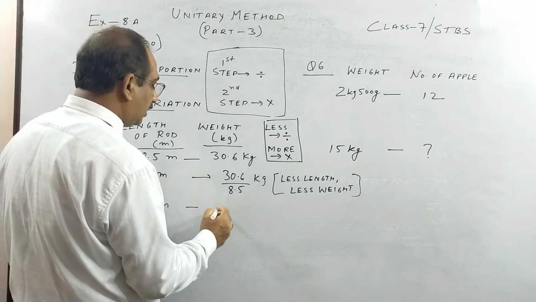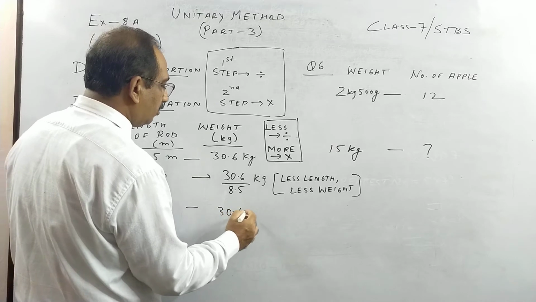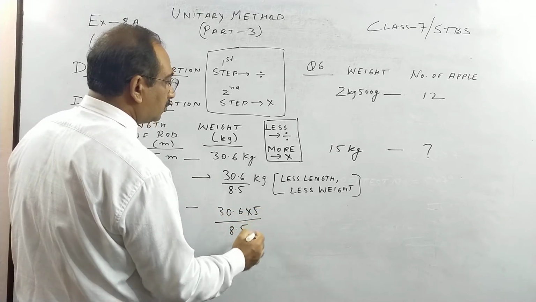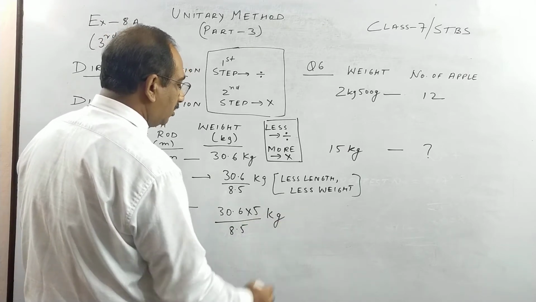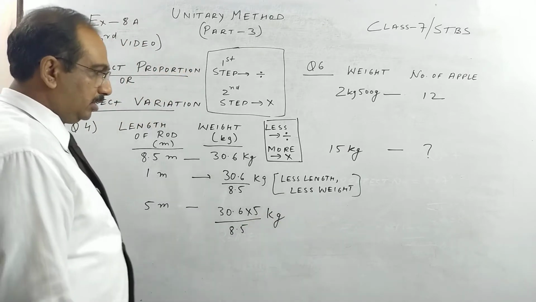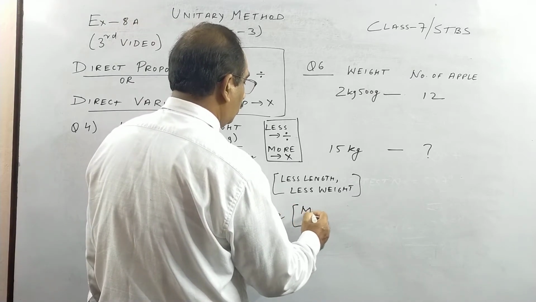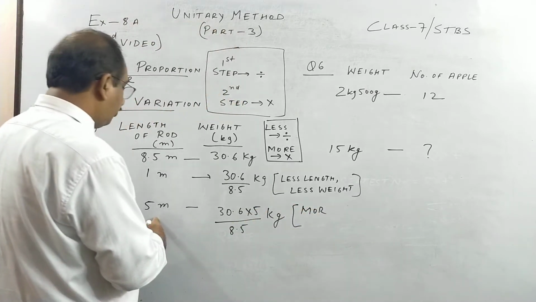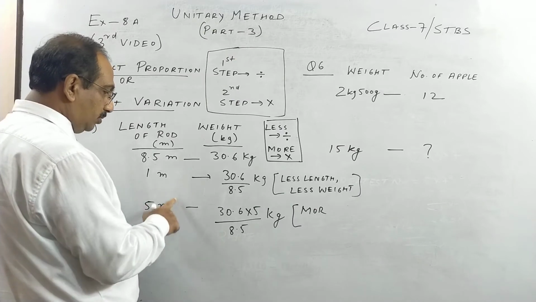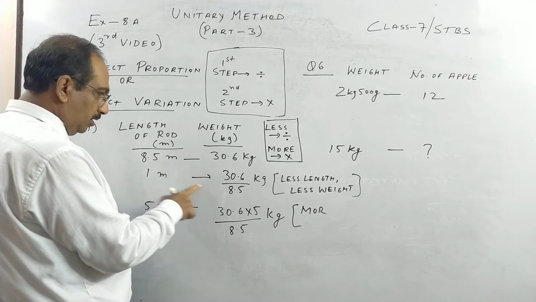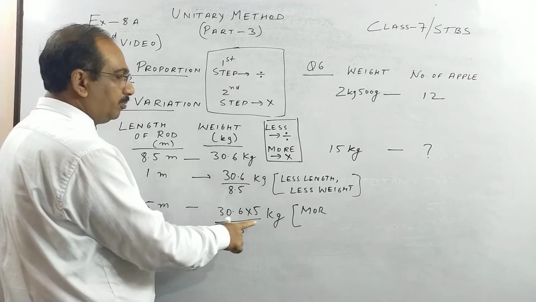So 5 meters, so don't cancel here. 5 meter will be more, so this will be the weight in kg. Here you can write more, because I want 5 meter. So this increases, this to this you see. This you don't see because it decreases. So here 1 is there, 5 is more, so it will be multiplied.